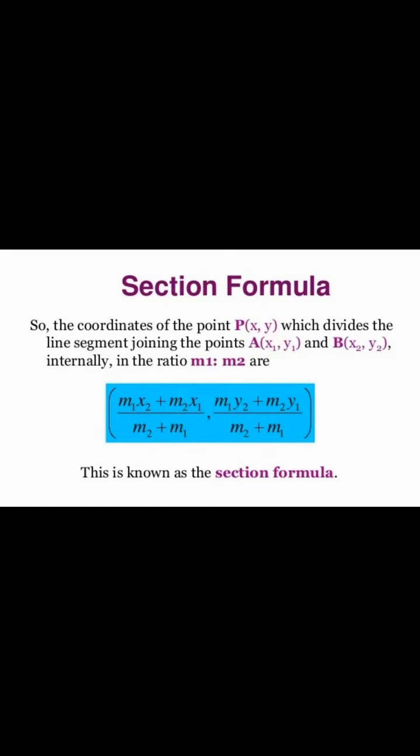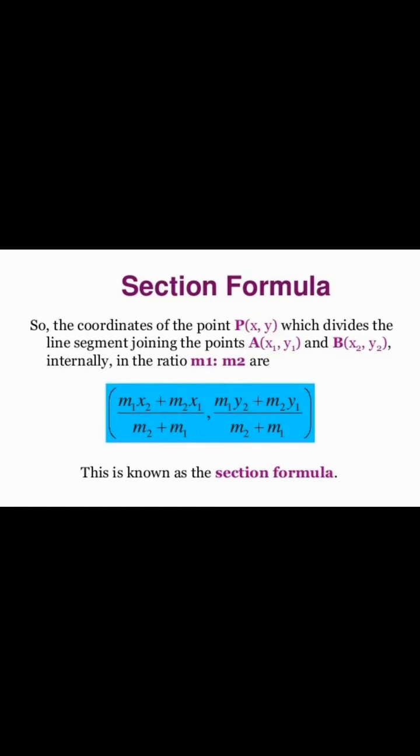Before moving to the problems, we must be aware of the main measures coming under section formula. The section formula is certainly related with a line segment and a point on it.